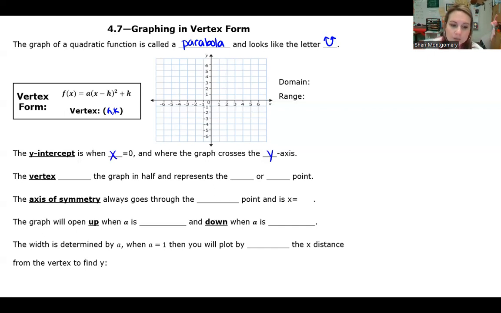So the vertex does what? Cuts the graph in half. And it represents the what? It represents the maximum or minimum point. The maximum point happens when you're facing down, and the minimum happens when you're facing up.